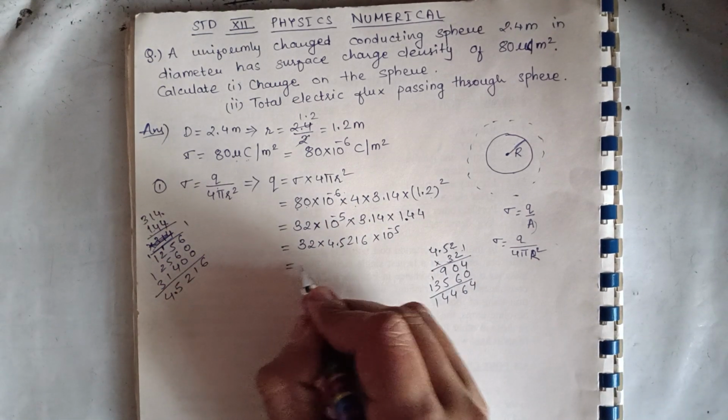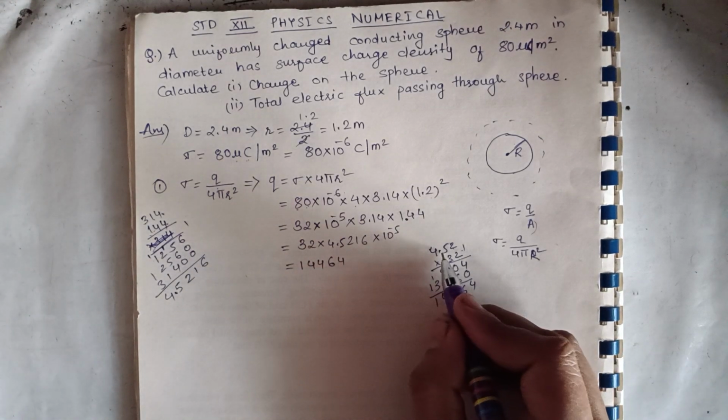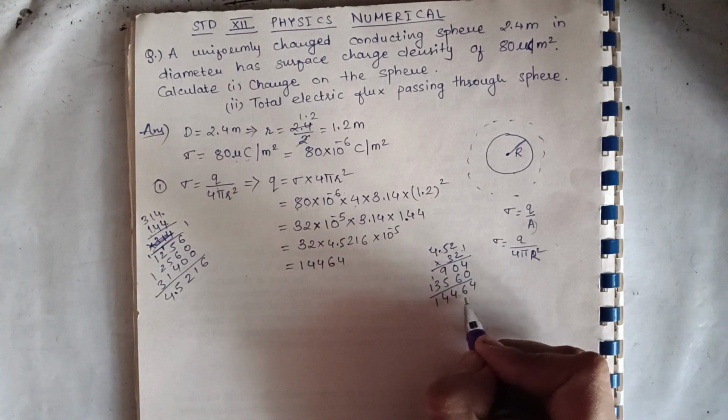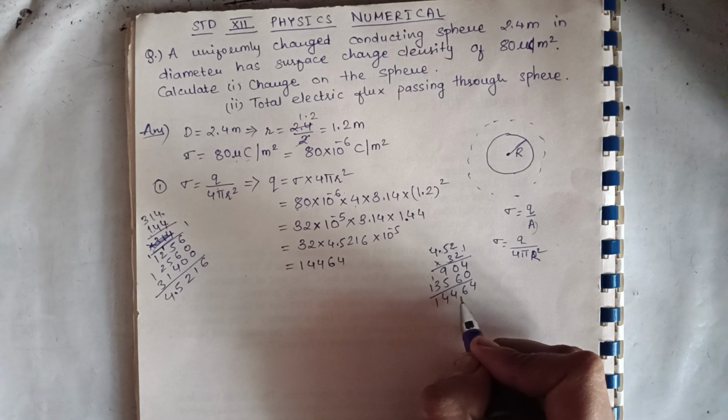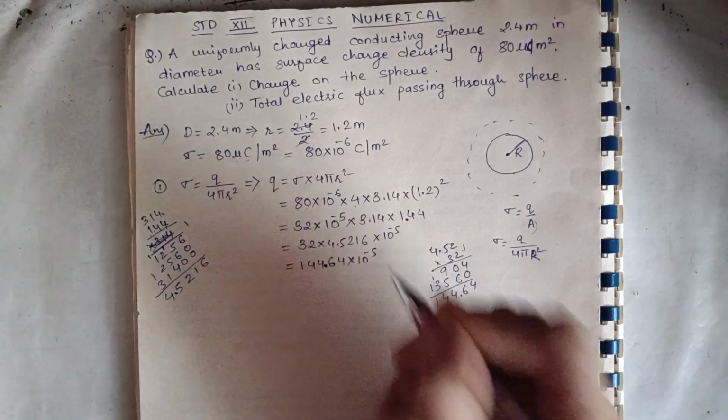Okay, so 14464, point is up to... I took only 4.52, right? So here into 10 raised to minus 5.